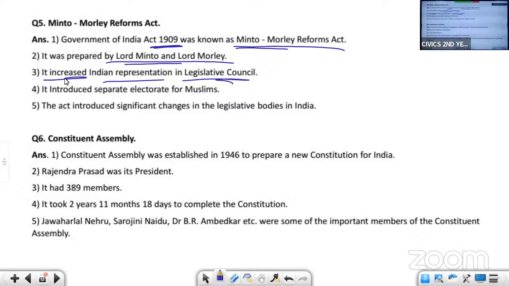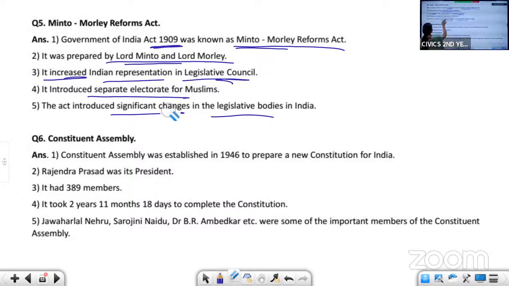It also introduced separate electorates for Muslims. It brought significant changes in the legislative bodies in India. So many reforms were made. That is why we call it a Reforms Act.